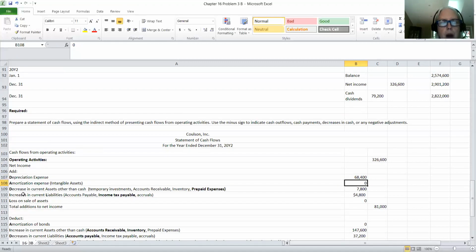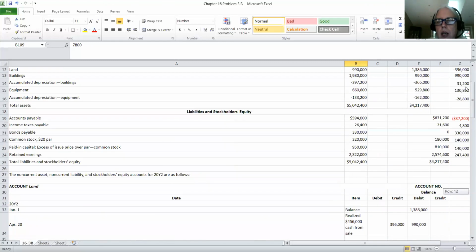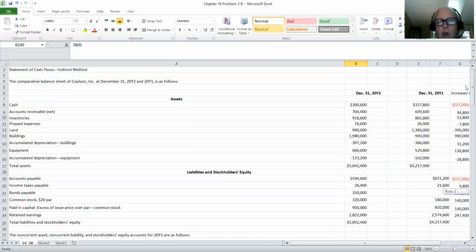Then we're going to look for our decrease in current assets other than our cash account. And so the amount that I came up with was 7,800. And this decrease is from the prepaid expenses. If you look at your balance sheet and compare the prepaid expenses on line 11, from year 2 to year 3, you can see that they've decreased by the amount of 7,800.